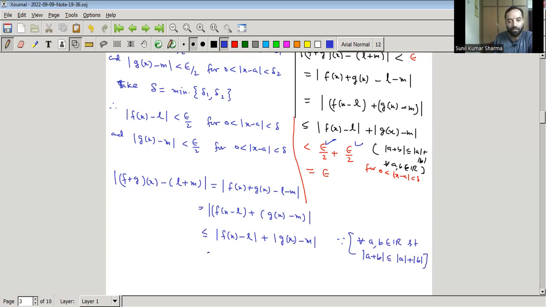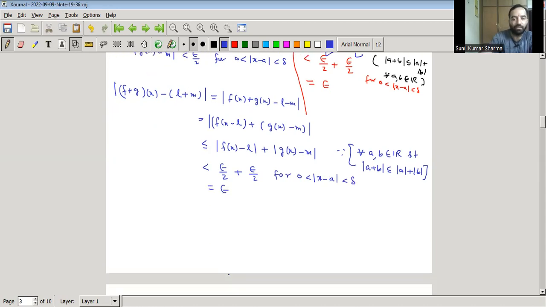And this is less than epsilon by 2 plus epsilon by 2 for 0 less than mod x minus a less than delta, and this is equal to epsilon. So we get the result. Okay. So this implies limit as x goes to a of (f plus g)(x) is equal to L plus m.